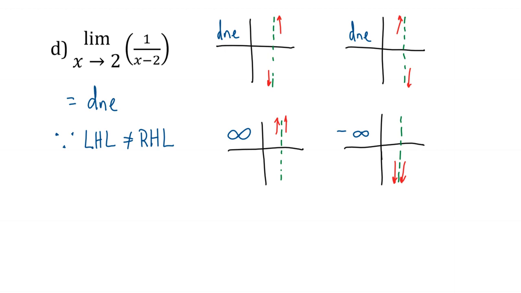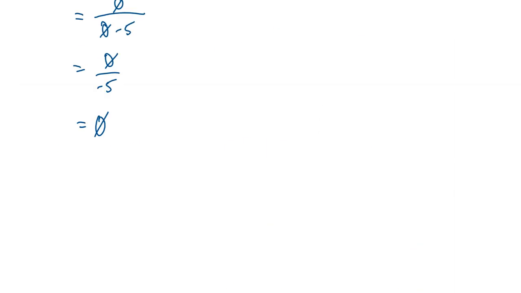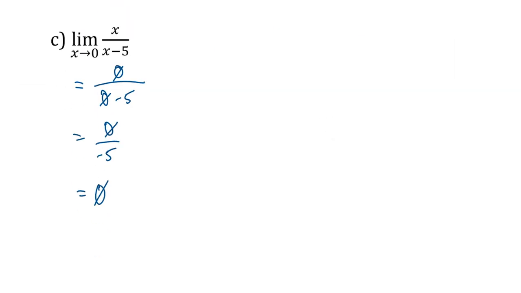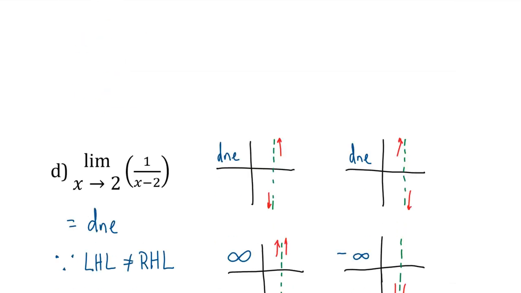Okay, so we had 1 over 0, where we had to do some more work to determine that the limit does not exist. Again, going back above, we had 0 over negative 5. That's fine, it's just 0. Okay, and then we had the other two examples that just worked out to numbers.